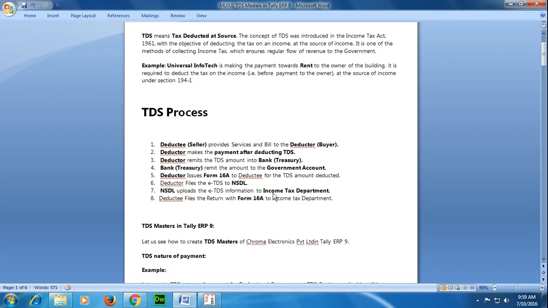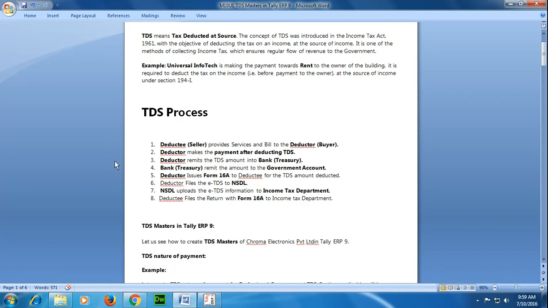And then you need to upload an ETDS to the NSDL website. The deductee files the return with form 16A to the income tax department at the end of the year.